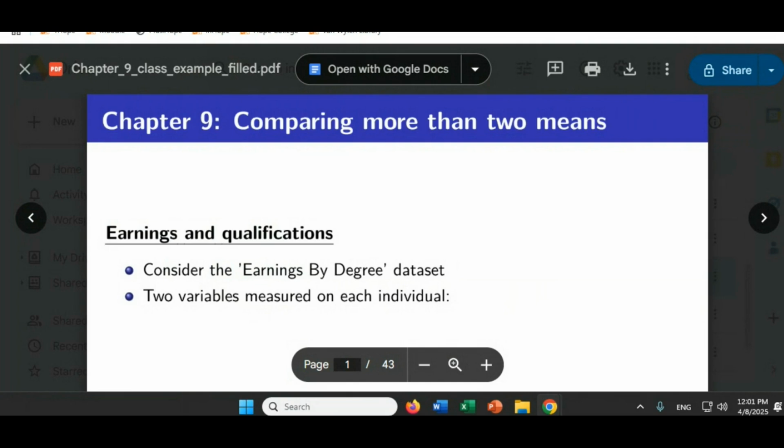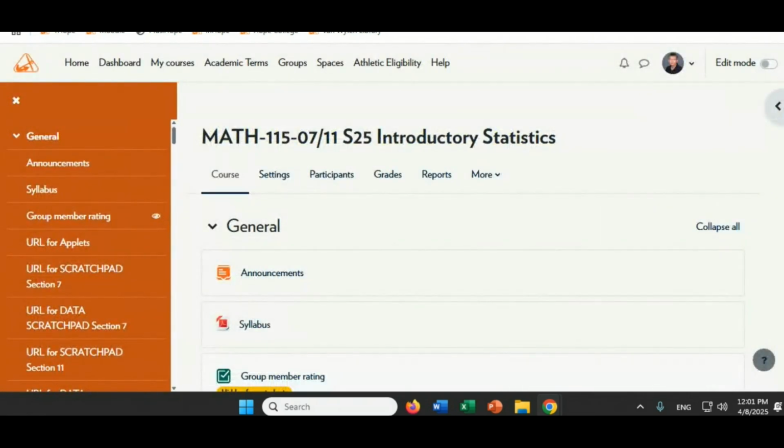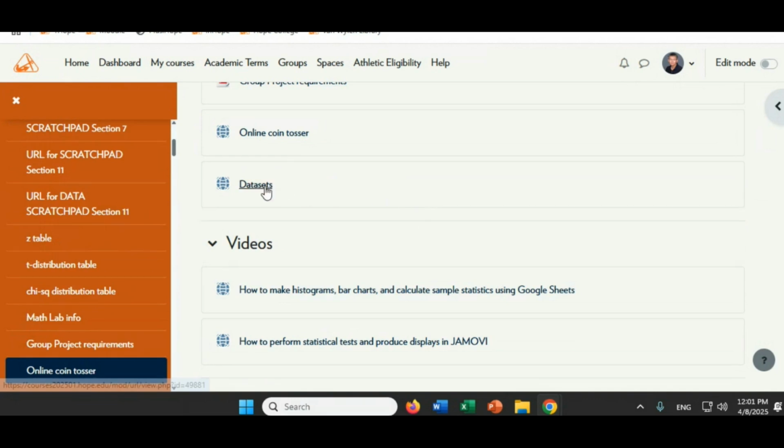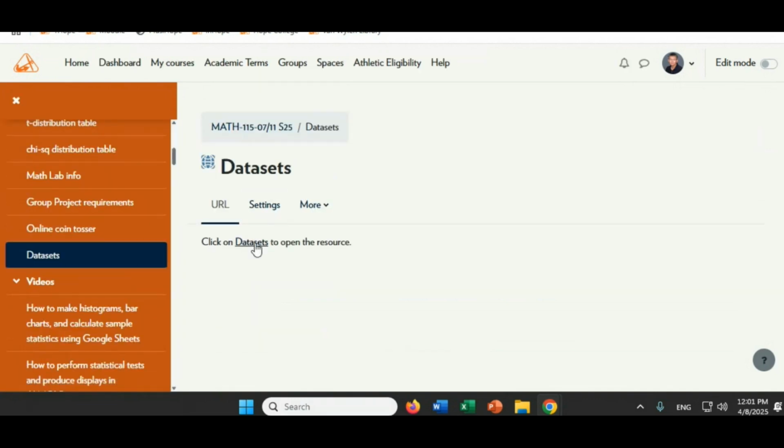So we are going to motivate this, and also have your computer ready because you're going to boot the movie again. You should follow along with me. The earnings by degree data set. Where is that? If you go to our Moodle page, there's a data sets tab that's always there.